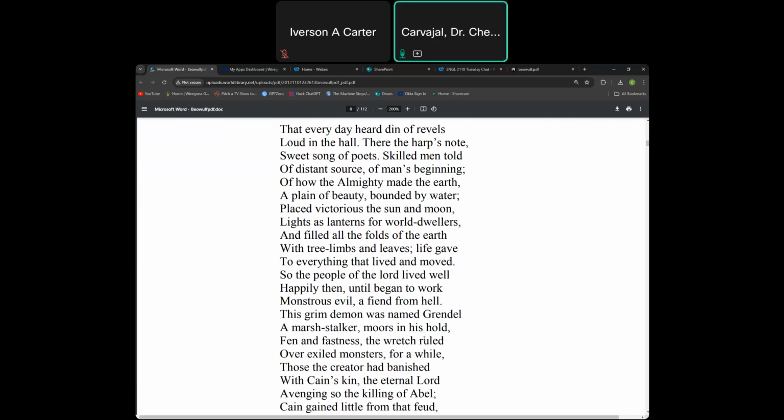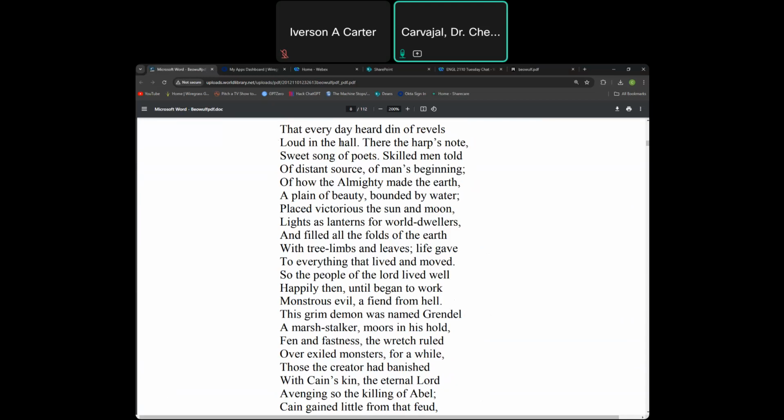This was an element that the scribe probably added, because the scribe was, of course, a Christian scribe. So he's making this much more about a Christian group, the Danes, rather than a pagan group. Anyway, this creature is upset by the stories being told in the hall, upset by the noise.